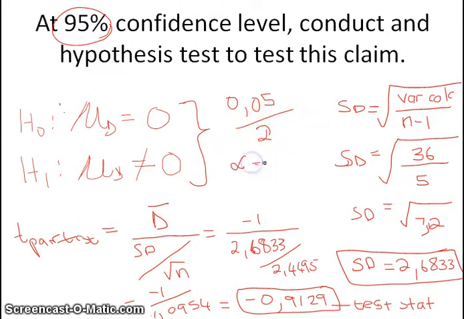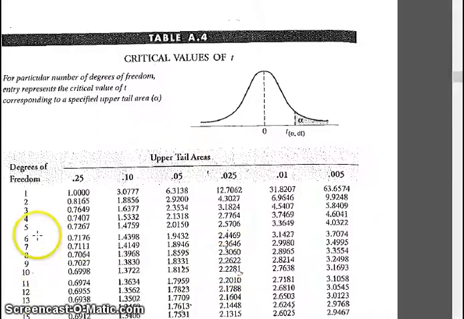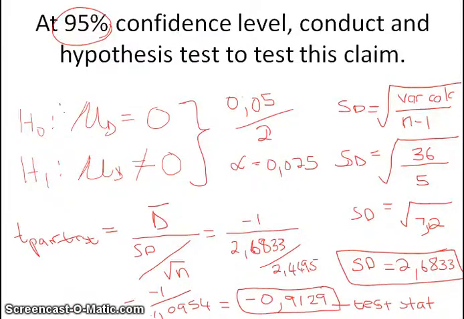So our alpha that we have to use is 0.025. So let's have a look at our t-table, and our degrees of freedom that we're going to follow is n minus 1. So at 0.025, n minus 1, it's 5. Our critical values would be 2.5706. And the t distribution is symmetrical, so it would be plus 2.5706 and minus 2.5706. So let's just write that down.